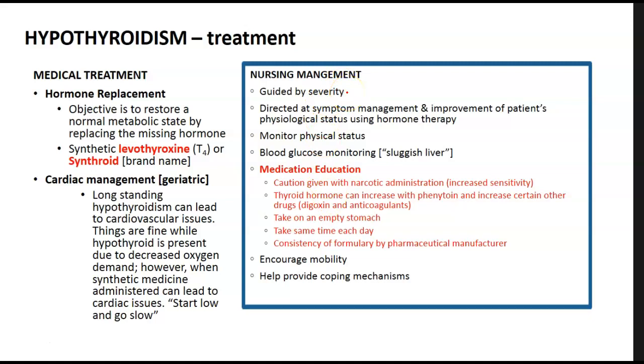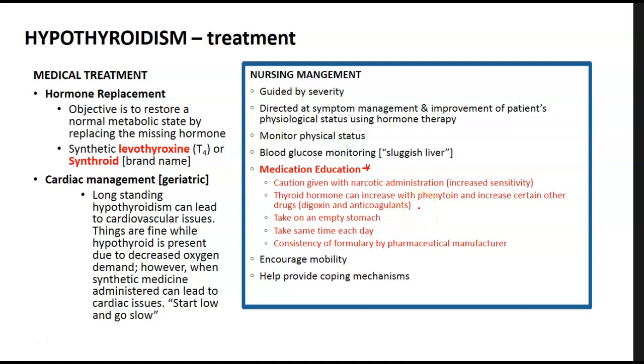Nursing management kind of depends on the state of the patient. Watch their physical status. Sometimes, just because the metabolism is lower, their liver can get a little sluggish. Medication education is important, what you need to know for testing or for the rest of your life as a nurse. Use caution with narcotic administration, as sensitivity can increase. Thyroid hormone can increase the effects of fentanyl and certain other drugs like digoxin and anticoagulants.